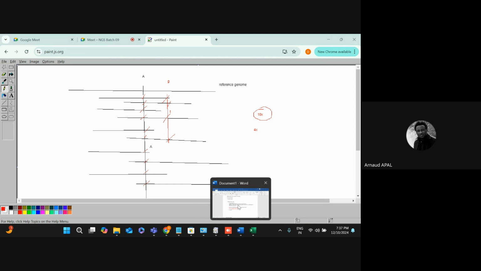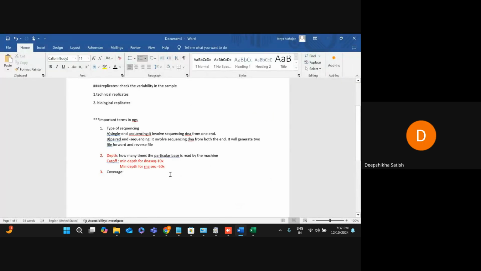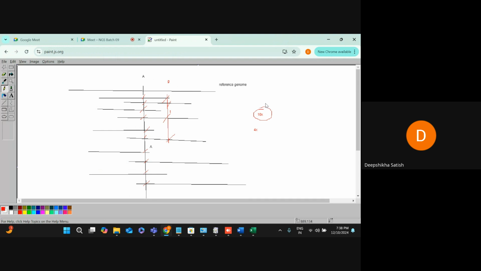Yes. Clear about the depth here? Yes. So we will see in detail further in the pipeline, when this depth, coverage, mapping quality will come, you will get the idea, because there you will get the figure in the result. But for now, the cutoff is 50x. So I'm telling you, whenever you are having the reads with 10x depth, you are having lower confidence, sir.